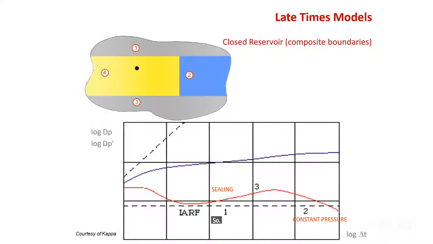So in this case, if I have a constant pressure, then I will have a pressure drop here. And if I have a flow from one boundary only, and the other boundaries are no flow, it will affect and mask the effect of the other ones.